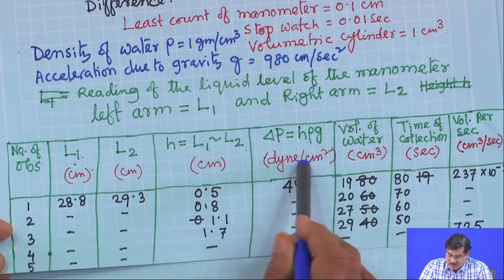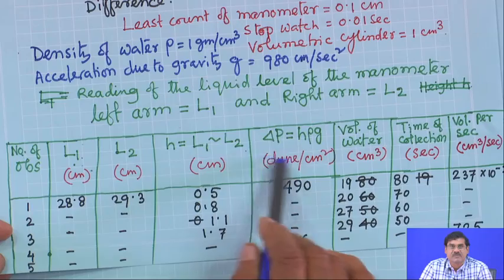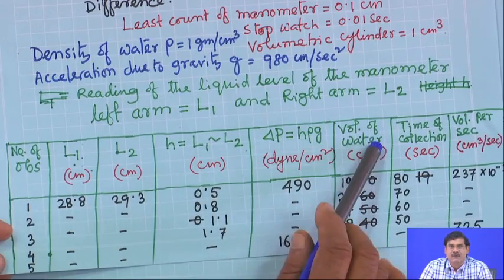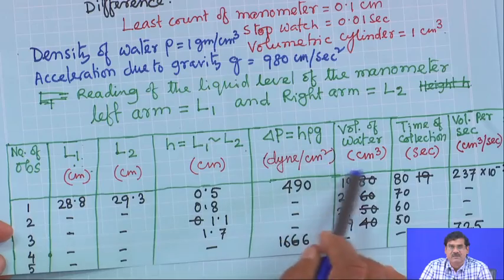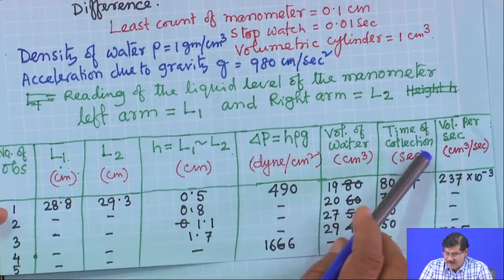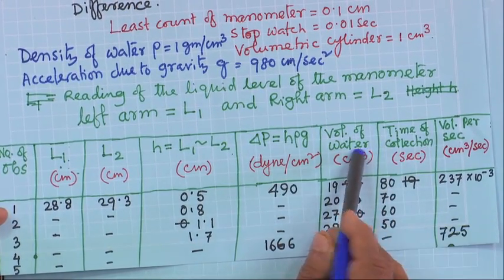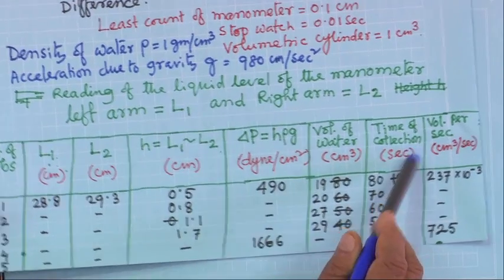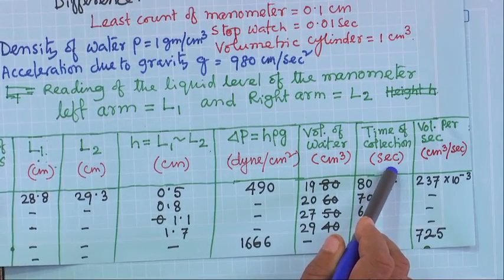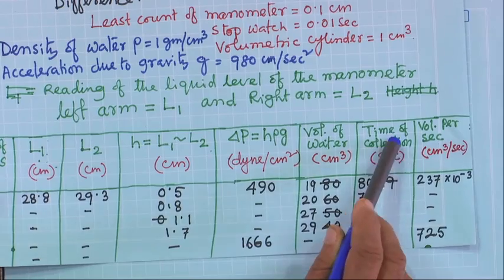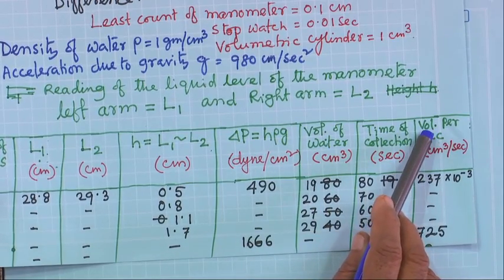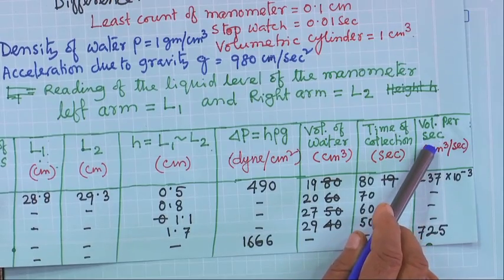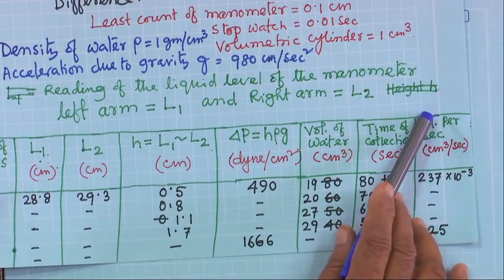Then for a particular pressure difference, I will collect a volume of water in milliliter, that is cm cube, and then how long I collect this water, that is the time of collection in second. Then I can calculate this volume per second, the rate of change of volume.